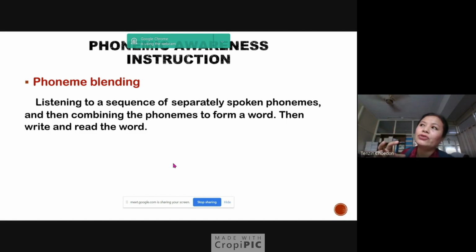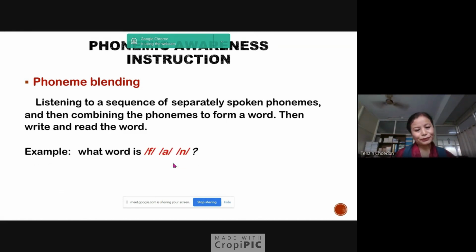And then the children need to blend the phonemes to make a word. Then they will write the word, read the word. A sort of steps are to be followed, and the teacher has to help the children do that.